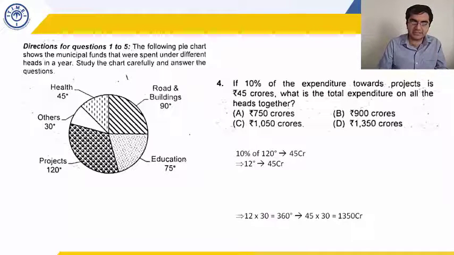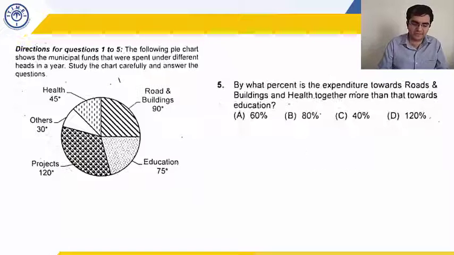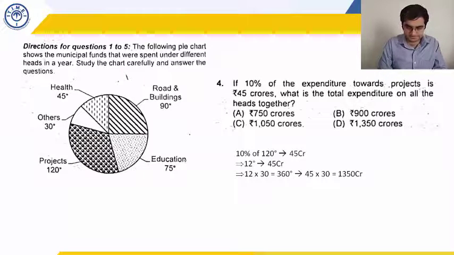How much is 360 degrees? So multiply by 30. 12 into 30, which is 360 degrees, so 360 degrees corresponds to 45 CR into 30, and that is 1350 CR. Choice number D. 12 into 30 corresponds to 45 into 30, that's 1350 CR.